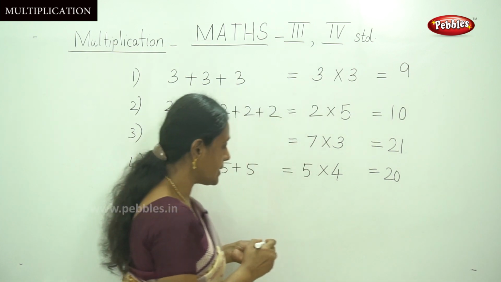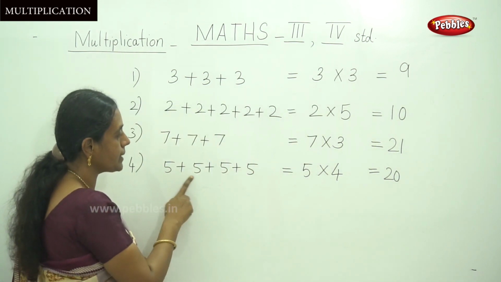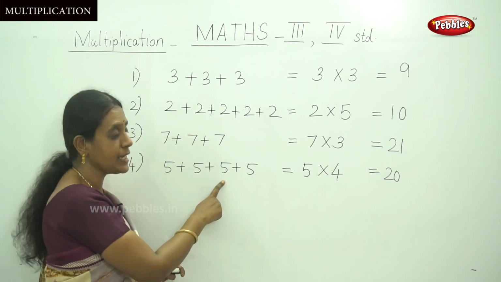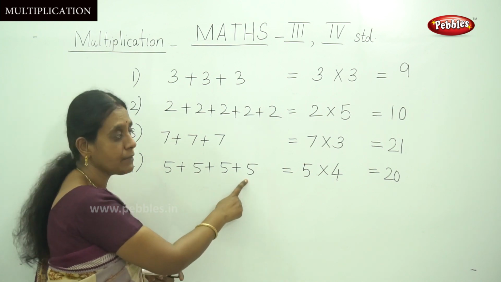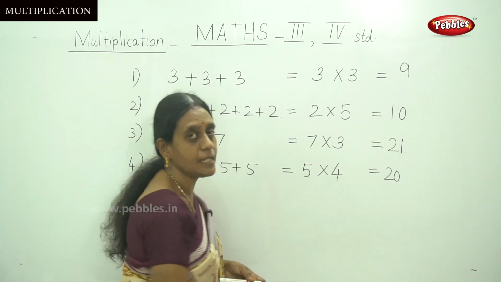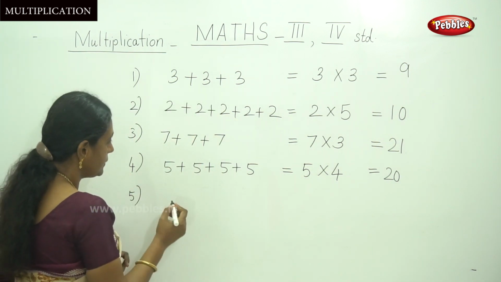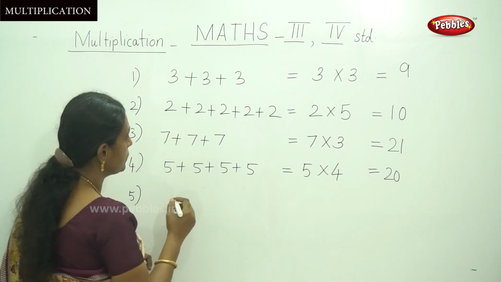And add the numbers: 5 plus 5 is 10, 10 plus 5 is 15, 15 plus 5, the answer is 20.